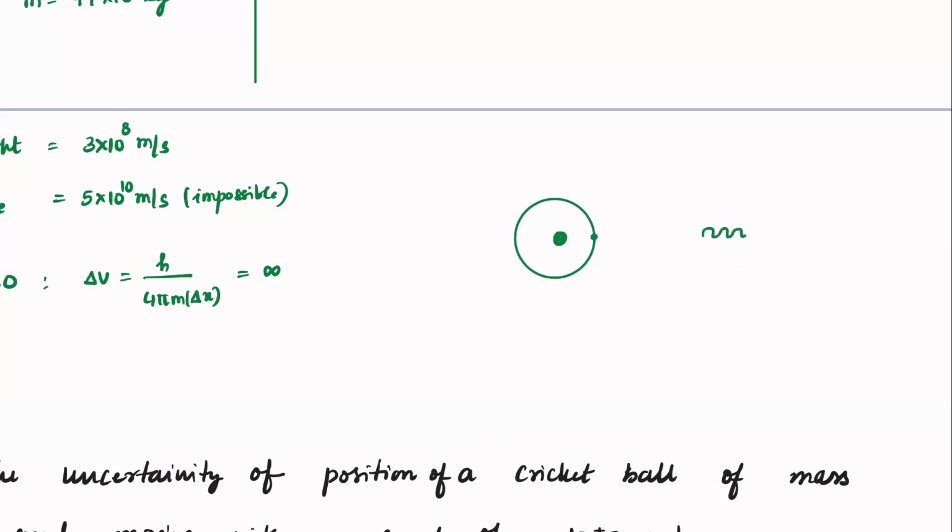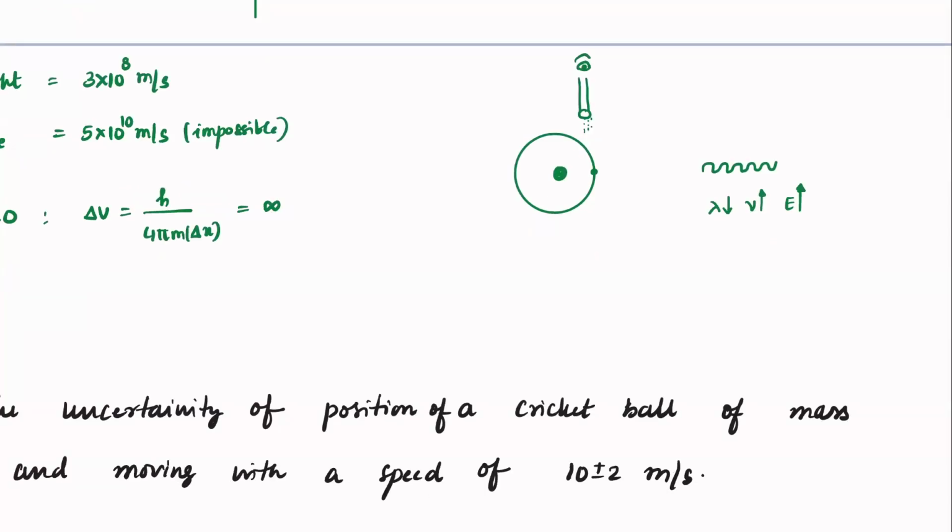Let's say we have a small wavelength. And you know that if the wavelength is smaller, the frequency is higher, and if the frequency is higher, you're sending a high energy radiation. In that case, while you're trying to see exactly where the electron is present, there are two problems. Imagine this, I'm just zooming in on this part.